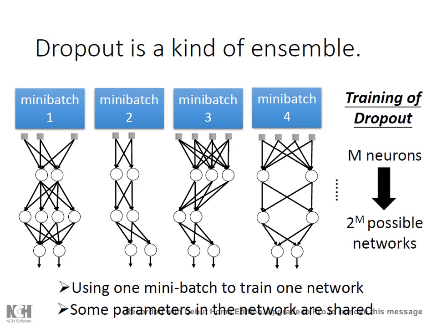Actually we use 1 mini batch to train 1 network, so here we will have 4 networks in total. Also you can see some parameters in the network are shared. You see these 2 are shared. Some neurons will appear in some networks, they are shared together, but their shapes are very different, right?